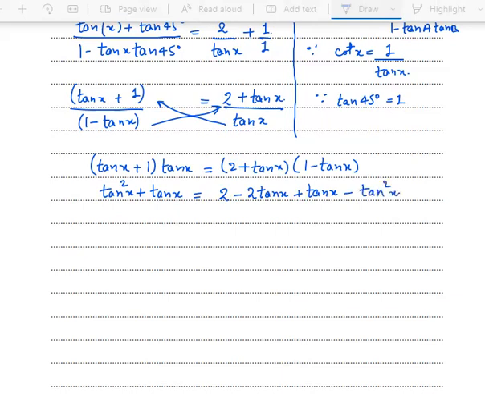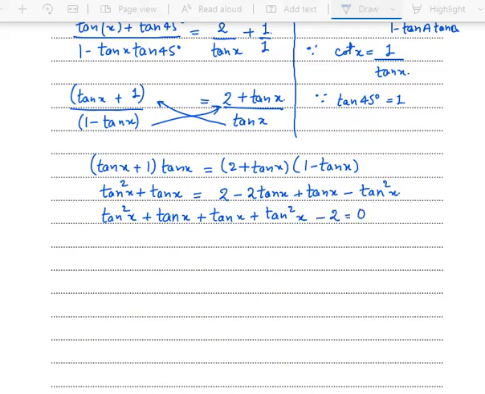Okay. Now I can take everything to the left hand side. I'll get basically tan square x plus tan x. Then this minus 2 tan x plus tan x is negative tan x. So when it comes to the left hand side, it will become positive tan x. Then positive tan square x minus 2 equals 0.